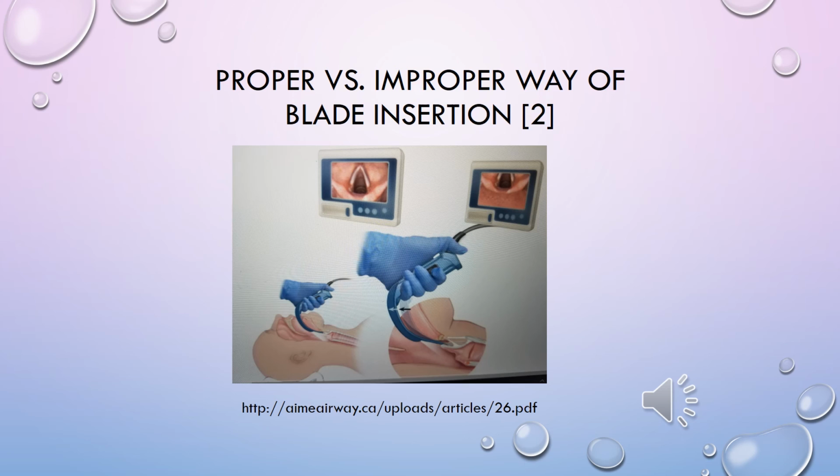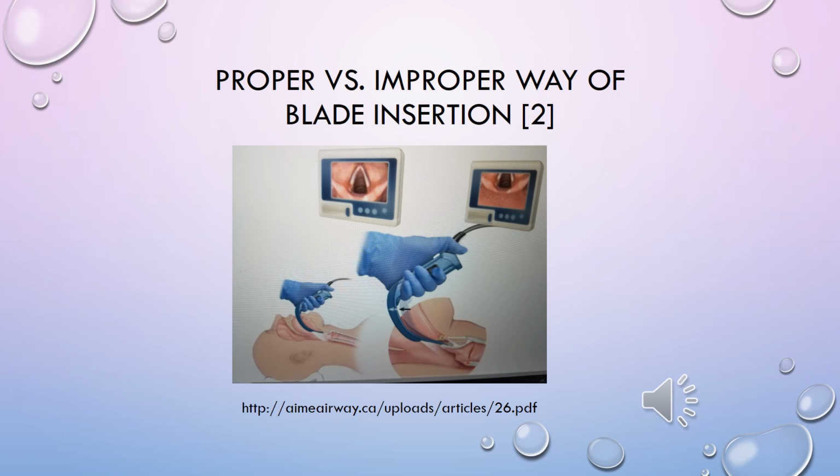Okay, so here's a picture that I included on the proper versus improper way of Glidescope blade insertion. Oftentimes when intubating, we have the best view, but it is not good enough to pass the tube through the vocal cords. Chances are you're probably too close, so just try backing up a little bit.